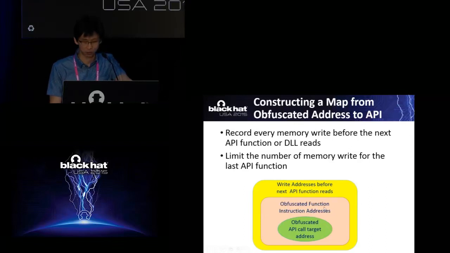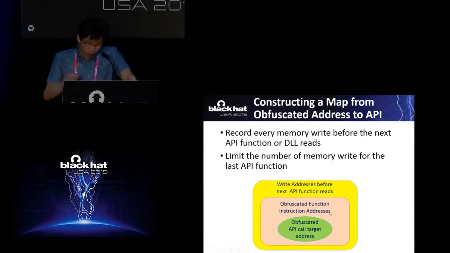So obfuscated function instruction addresses are read and written. There are some garbage writes, so it is contained. Read addresses are contained in write addresses, and the obfuscated API call target address is contained in read addresses.